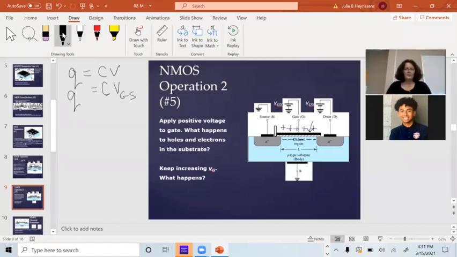So I have to put a big enough VGS on here to accumulate enough charge across that capacitor that I have this little channel here. Remember, we call this an N for N channel. I have this little channel of N that current can flow freely.